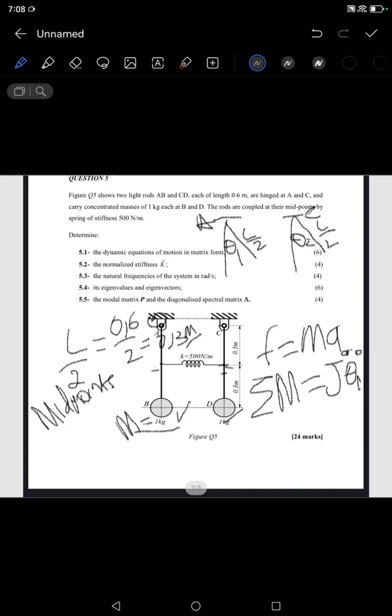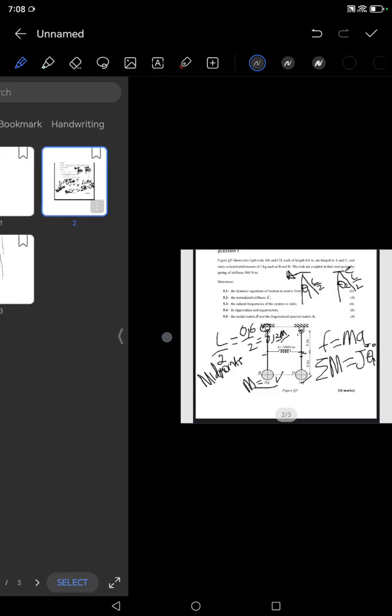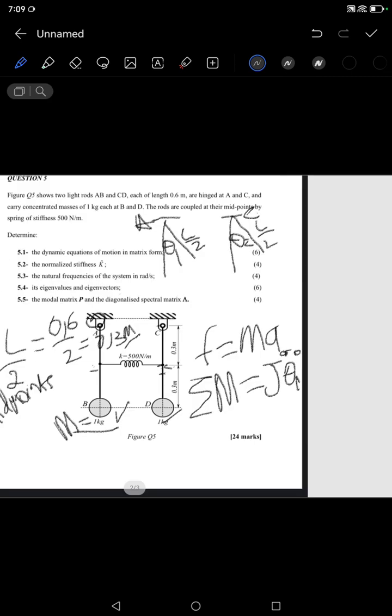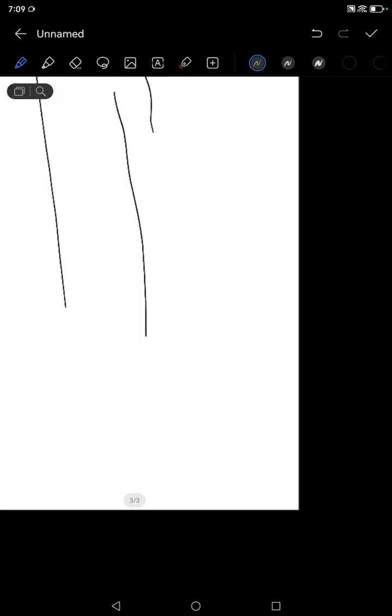Okay, let's open another page. Remember we said we're gonna do the moments with Newton's second law.